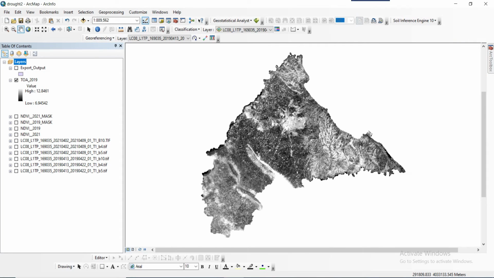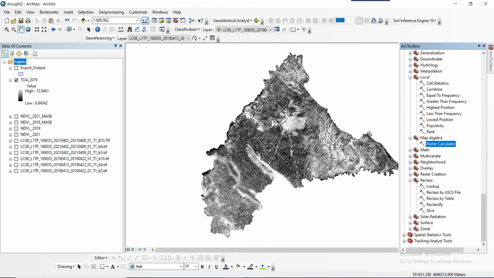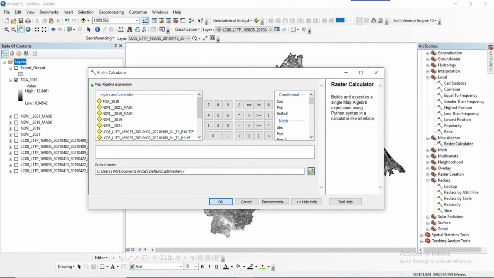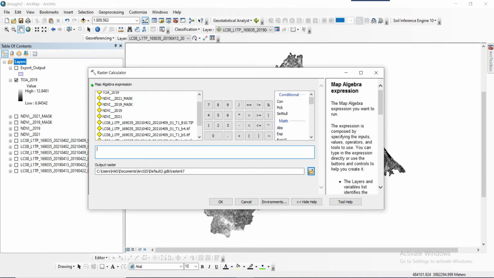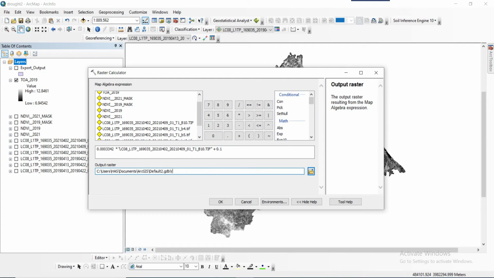Of course we can clip in another way, but this is the easiest way for clipping. So we're gonna repeat the process, multiplied by band 10 of 2021 plus 0.1, TOA 2021.